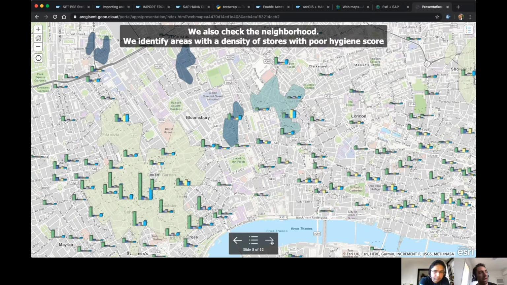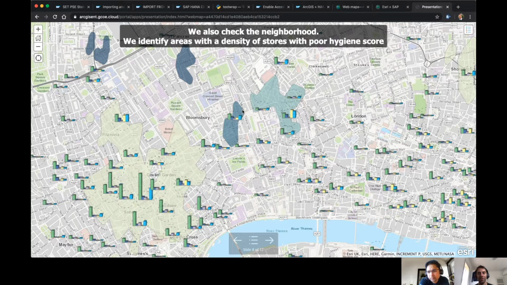If there are some location aspects that are not as straightforward as the number of buses or the density of population, we could also compute those. This is what you see here, the stains that have appeared. Those are clustered areas with shops that have poor hygiene scores.